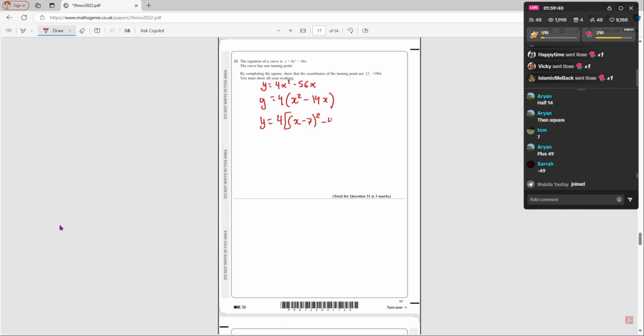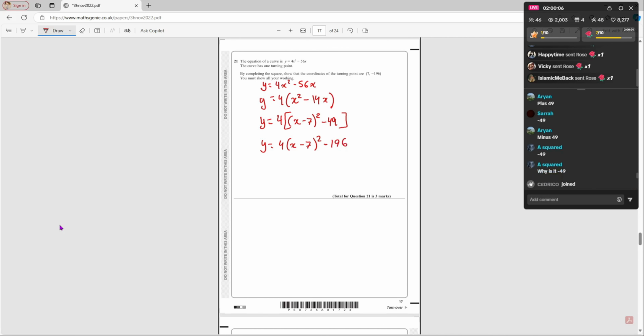Okay? Minus 49. And then once you've done that, now we're going to multiply our 4 back in. So we're going to have y is equal to 4 times x minus 7 squared minus 196.